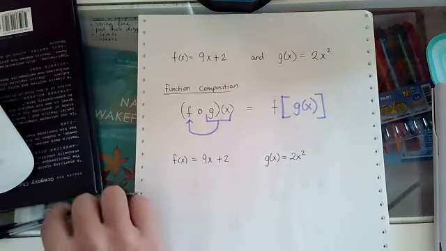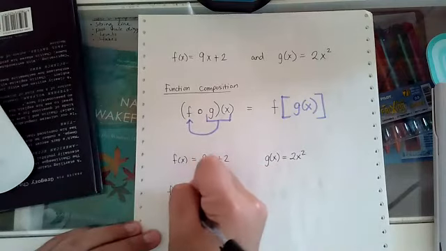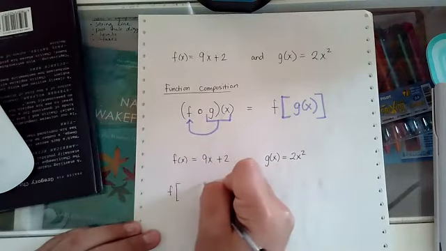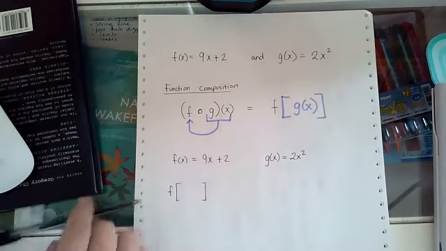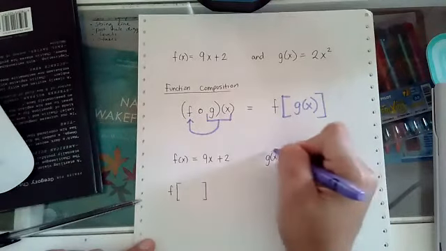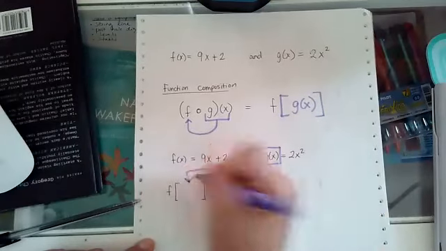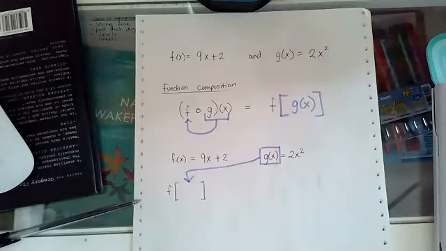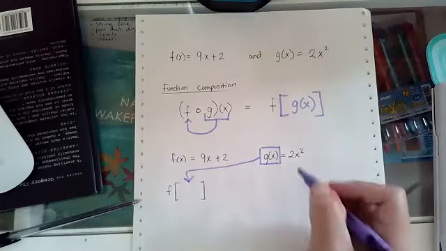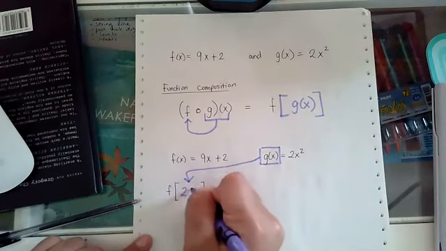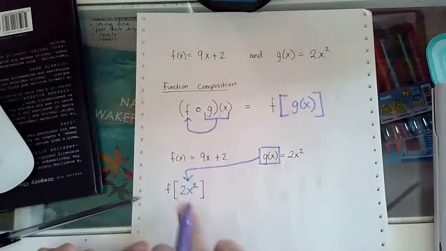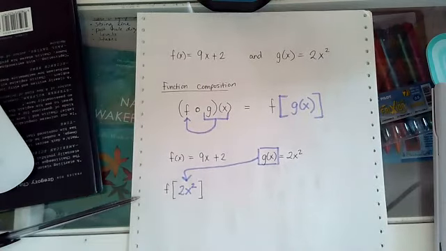Imagine that I wanted to open up f, and the input I'm going to plug in is this function here, g of x. I'm plugging in 2x squared as the input for this function.